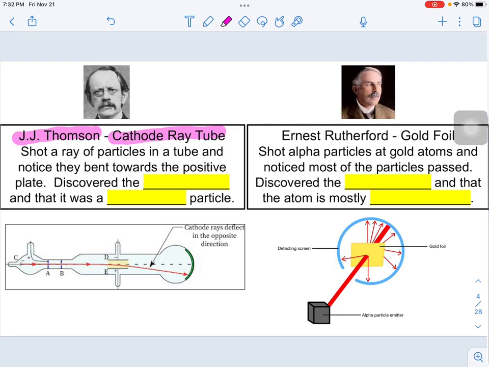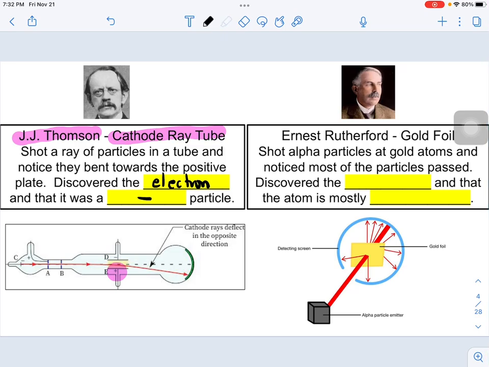J.J. Thomson shot a ray of particles in the tubes, and he noticed that these particles were bending towards the positive plate right here. So, like we talked about on the last slide, he discovered the electron and that it was a negative particle.